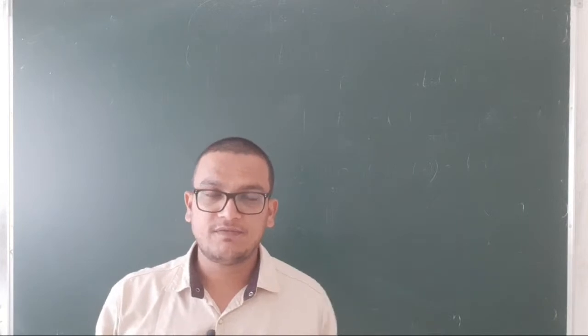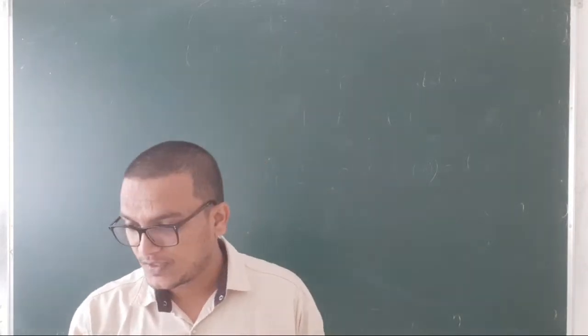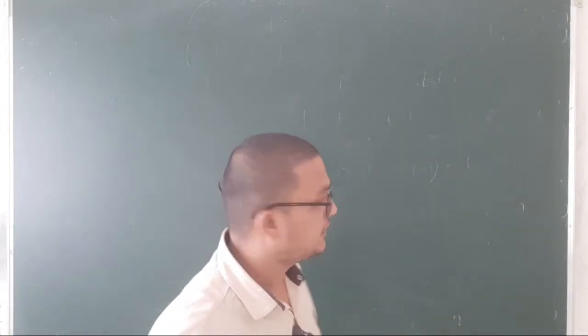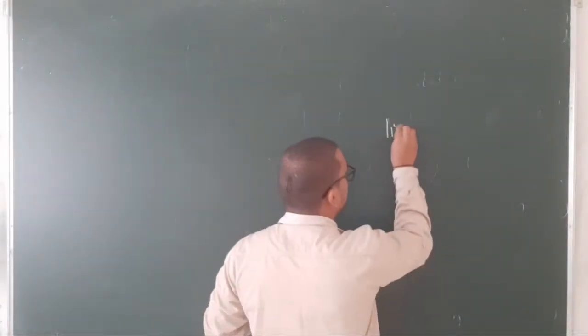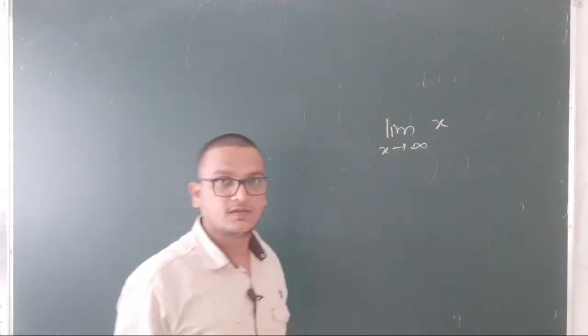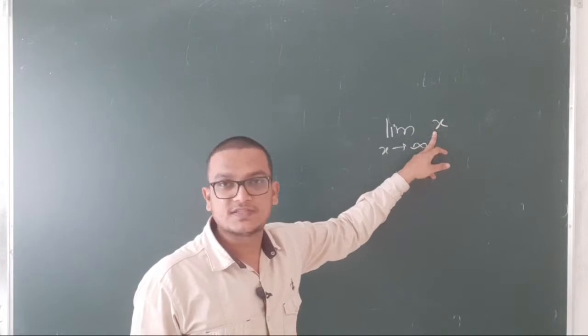If the limit is in the form of x tends to infinity, then that limit or that function you have to convert in the form of 1 by that function. Suppose it is limit x tends to infinity x, here f of x is x.